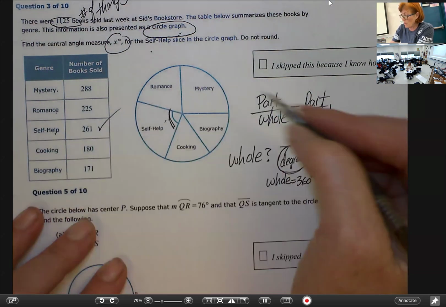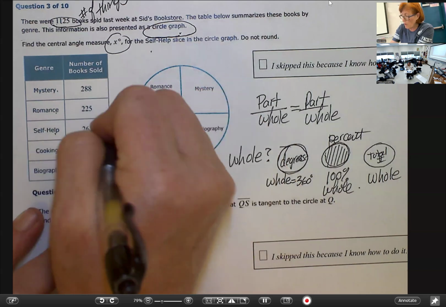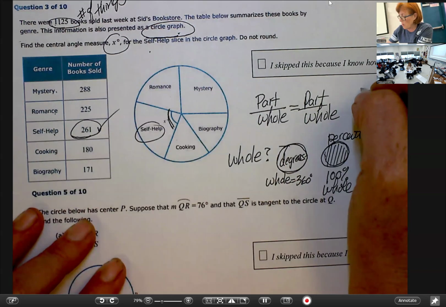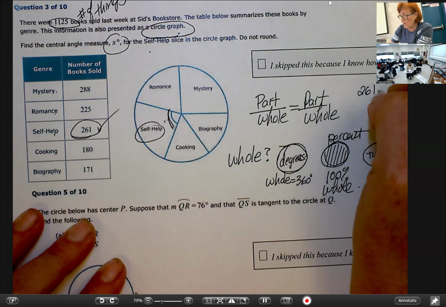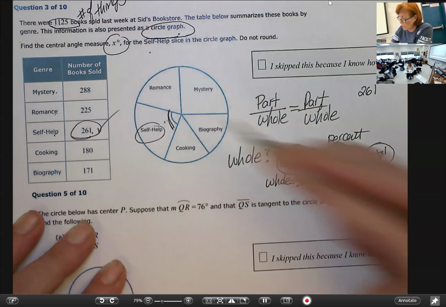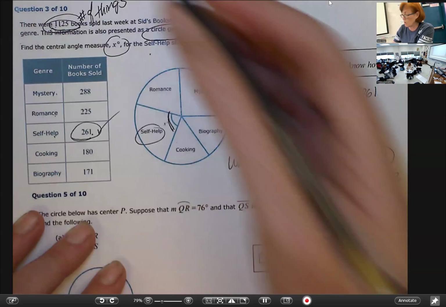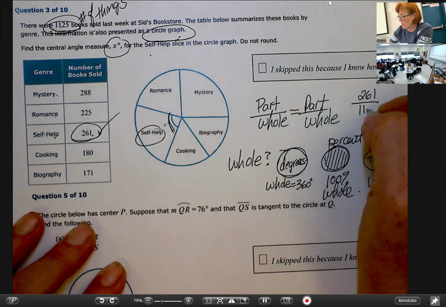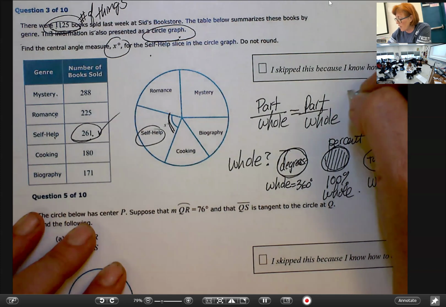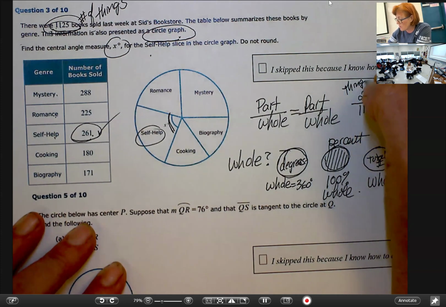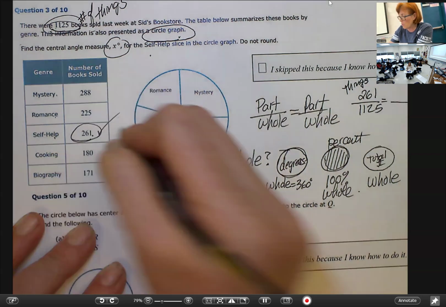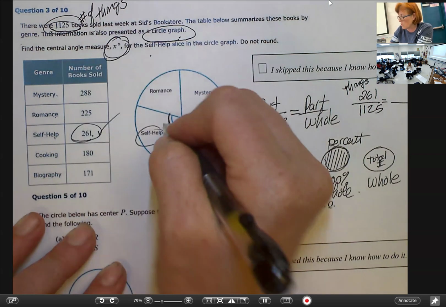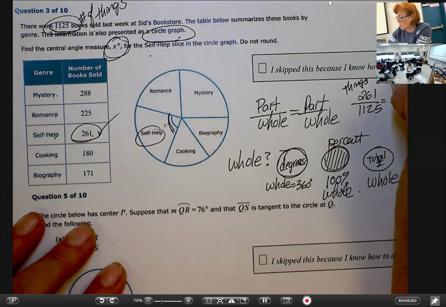Our part here for self-help is going to be 261 books over our whole, which is this things here, which is 1,125. So on the left, it's things. On the right, we want this X degrees. So degrees is here, which means our whole is 360. There's X degrees.